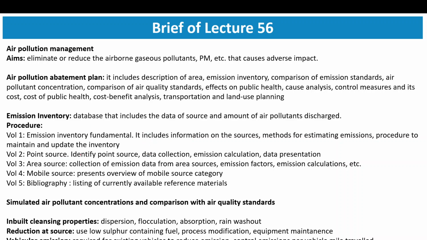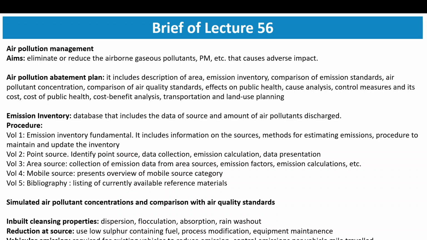Then there could be multiple sources. First could be the point source. A point source is nothing but where it is originating from. There will be only one location from which it is originating. For example, an industry: if you know that this industry is emitting air which contains arsenic, that is a point source. You will not allow that air stream to mix with another.